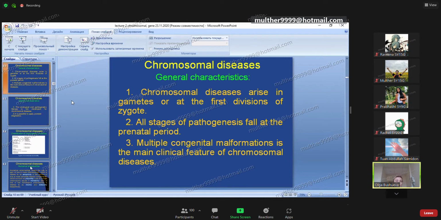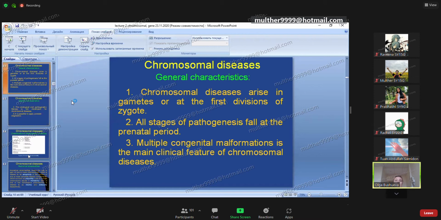The next question we'll discuss will be general characteristics of chromosomal diseases. First one, chromosomal diseases arise in gametes or at the first divisions of the zygote. Second one, all stages of pathogenesis fall at the prenatal period. That's why it's very difficult for us to study pathogenesis of chromosomal abnormalities.